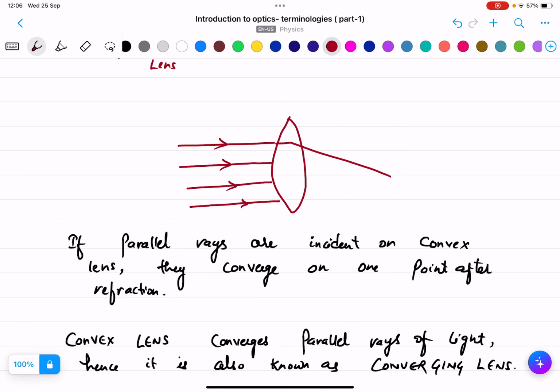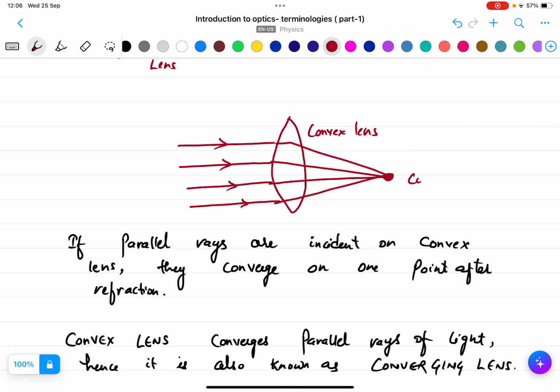They converge on one point. They will converge on one point when they pass through the convex lens. This thing we will study in detail in my next lecture. Converge means after passing through the convex lens, they will meet at one point.